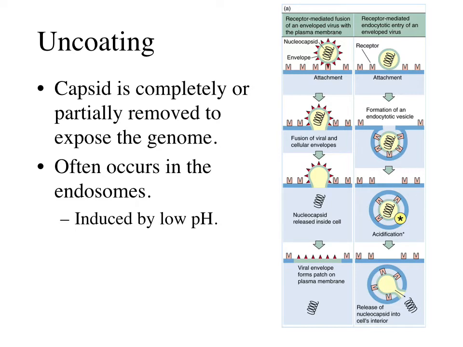On the left, we have receptor-mediated fusion of an enveloped virus with the plasma membrane. So the virus comes along and binds with the appropriate receptors on the surface of the plasma membrane. This process of attachment leads to fusion of viral and cellular envelopes, and then the nucleocapsid is released inside the cell.